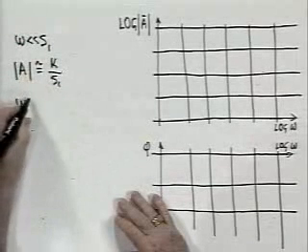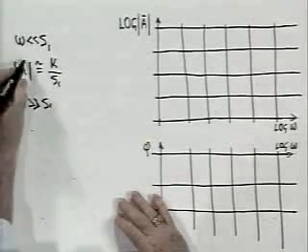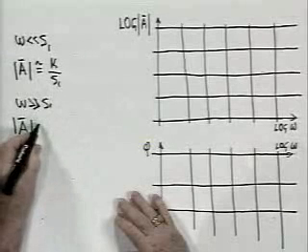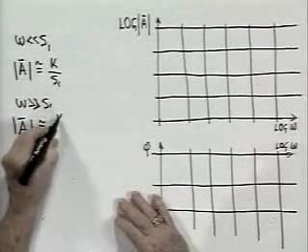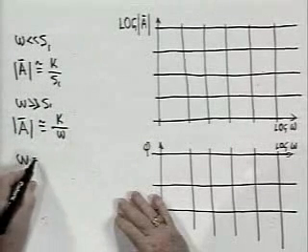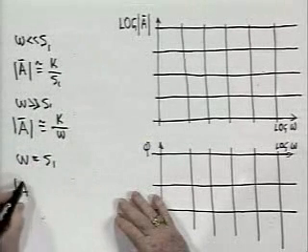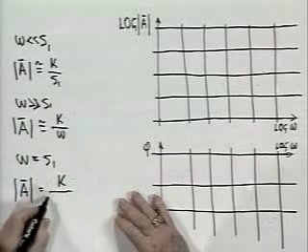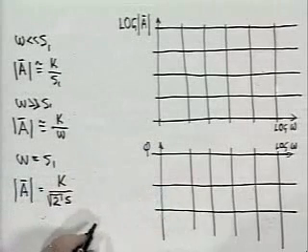When omega is much, much greater than S1, the magnitude of A is approximately equal to K over omega. And when omega is equal to S1, the magnitude of A is K divided by the square root of 2 S1.